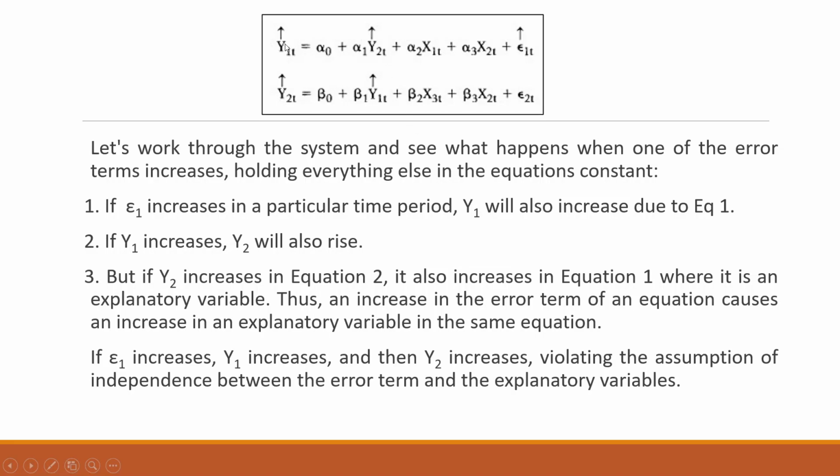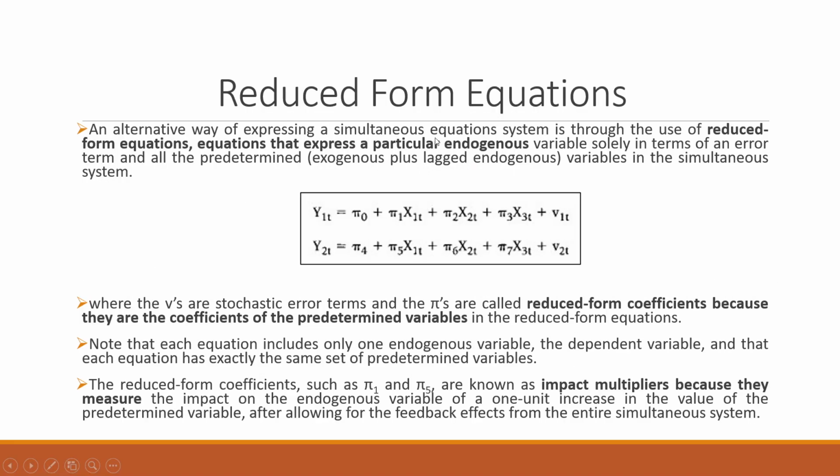If I make y1 dependent only on exogenous variables, and similarly y2 dependent only on exogenous variables, what I get is a reduced form equation. So now my y1t is equal to pi 0 plus pi 1 x1t plus pi 2 x2t plus pi 3 x3t plus v1t.